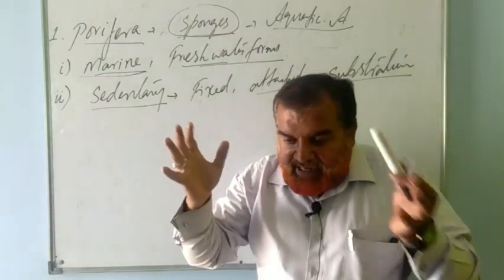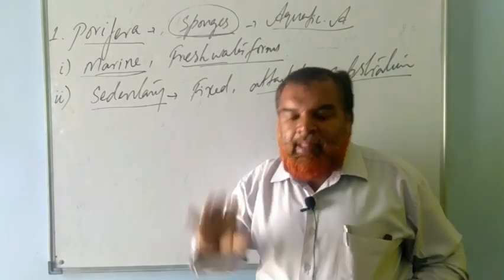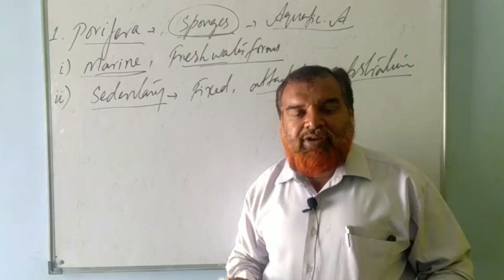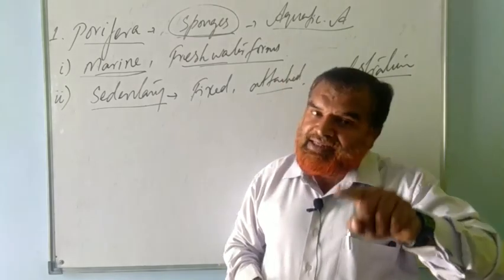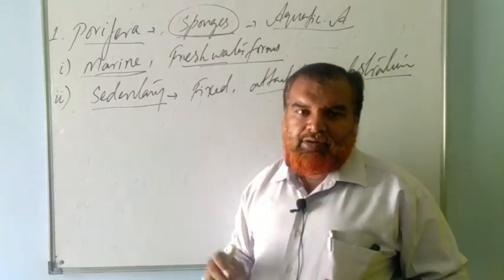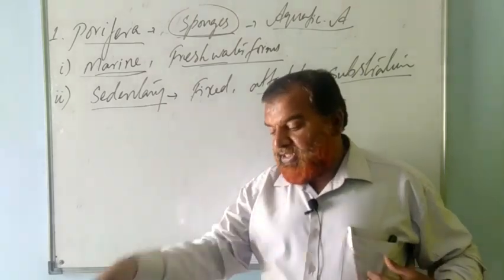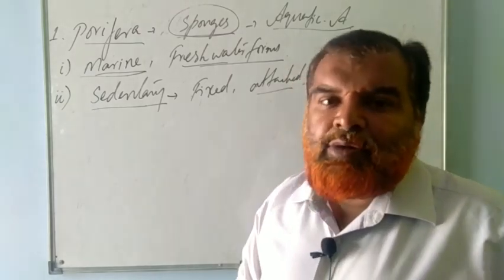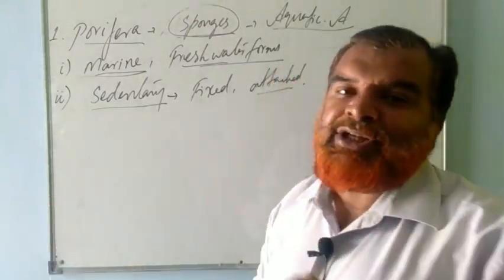Plants are fixed to a place, confined to a place. Movements are seen in plants also, towards light, phototropism, towards earth, geotropism. But locomotion, what is locomotion? Displacement from one place to another.